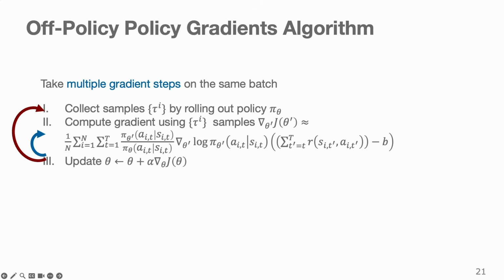Of course, you can't do this indefinitely. You cannot do multiple gradient updates before collecting again, because this would push your distributions too far, and then the ratio would not work.